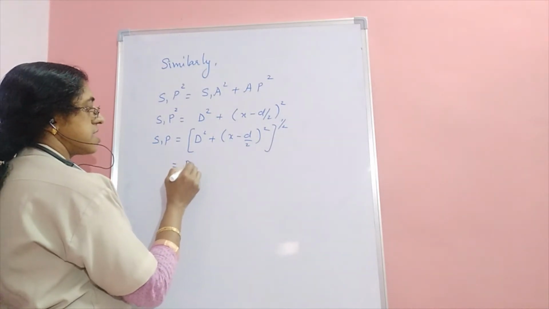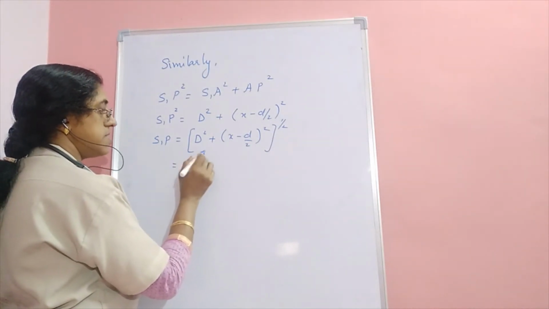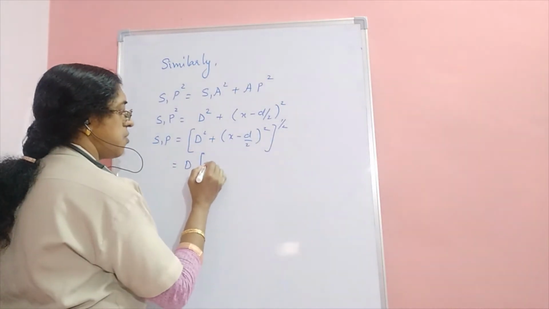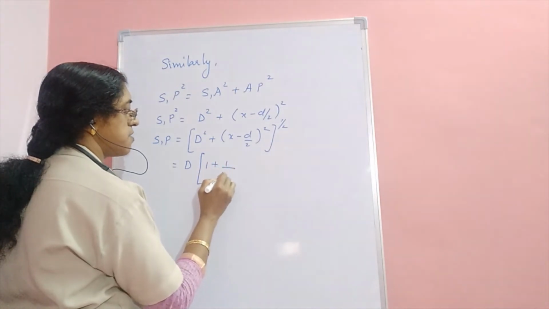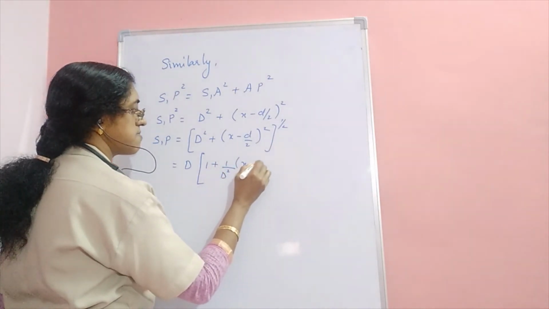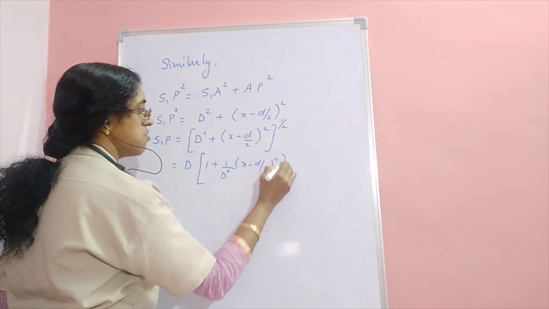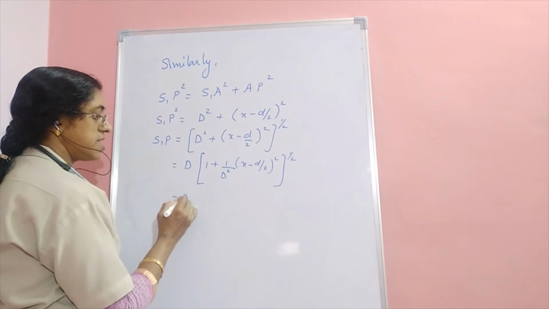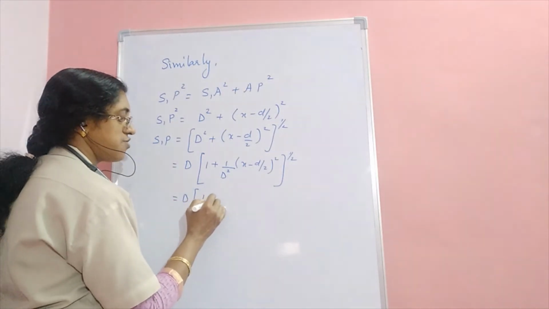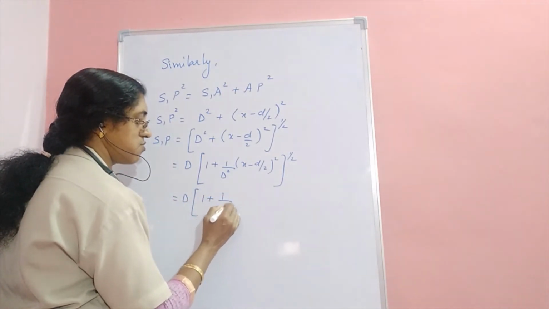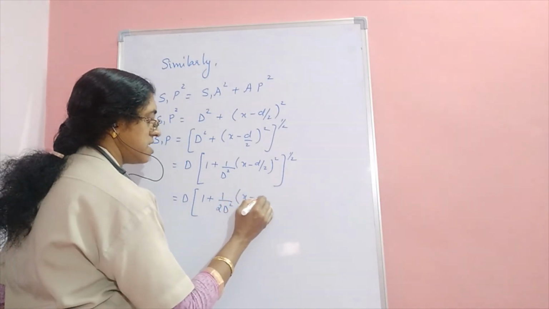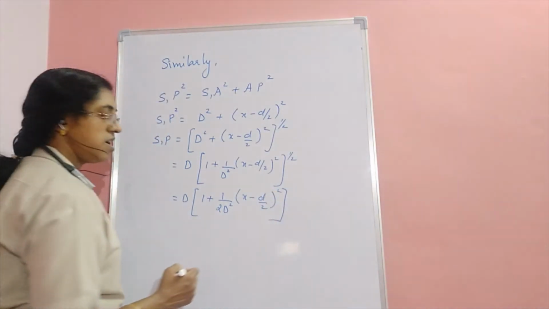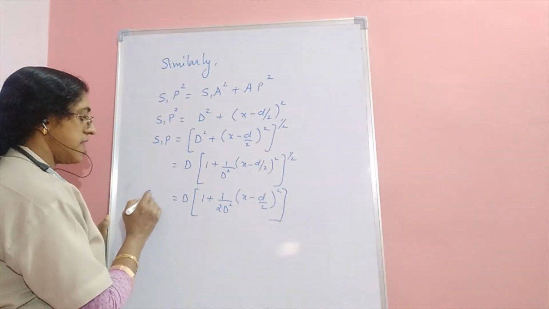Again, I'll take D square common; when it comes out of the root sign, it will be D. That is D into 1 plus 1 upon D square into x minus d by 2 the whole square, whole to the power of 1 upon 2. Again I will apply the binomial theorem, according to which it is D into 1 plus 1 upon 2D square into x minus d by 2 the whole square. This would be the result for S1P.